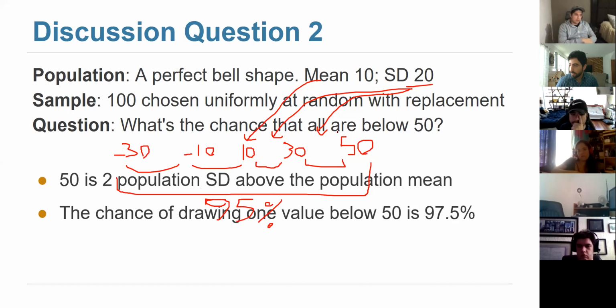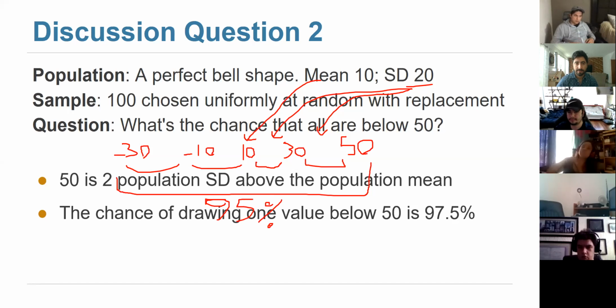Because this is the normal, a perfect bell shape, and we talk about bell shape based on that Chebyshev inequality rule. If you have a bell shape, 2 standard deviations away from your mean have basically 95% of your data. So where are the rest of the 5%?